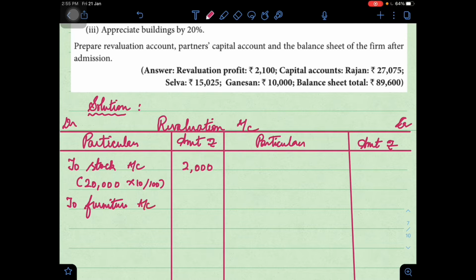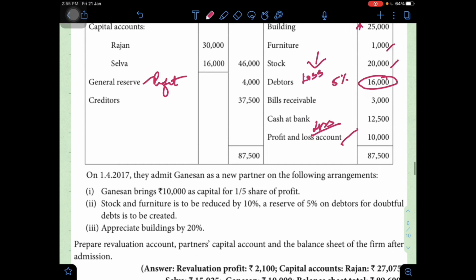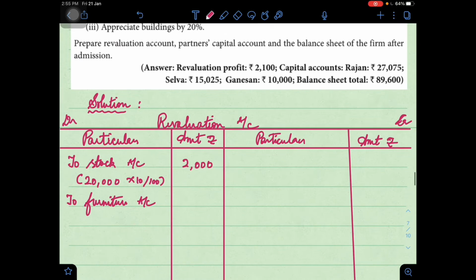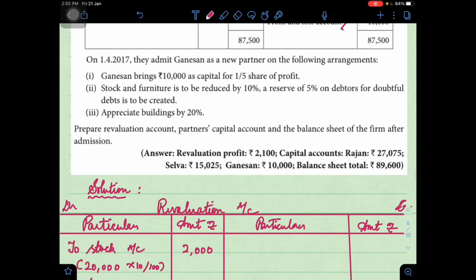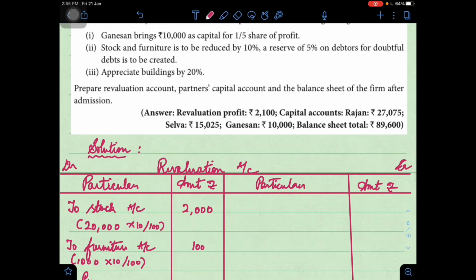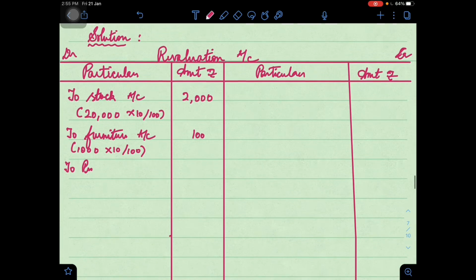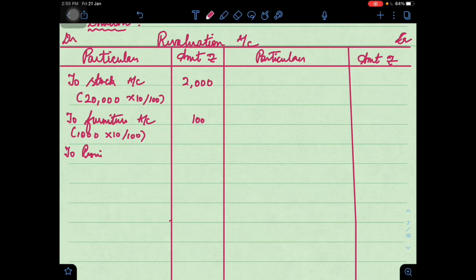The furniture value, if you see in the assets, is 1,000 rupees. So from this you have to show 10% on 1,000. Another 10% is nothing but 100. So by 100 the value comes down. And then there's a mention of the provision for doubtful debts. So you can see this adjustment, 5% on the debtors. What do you write?